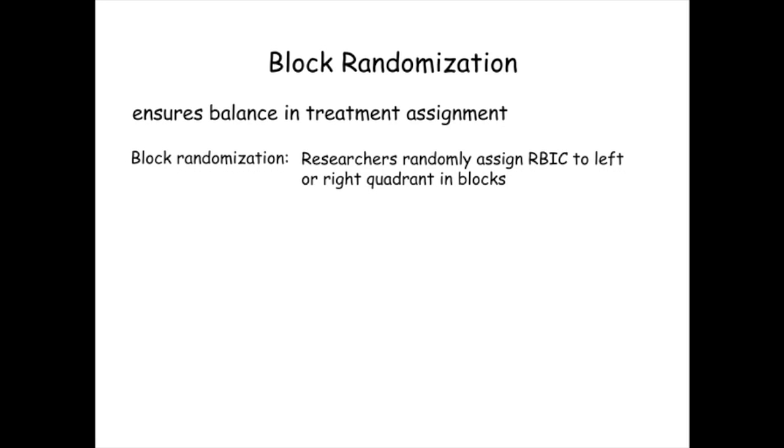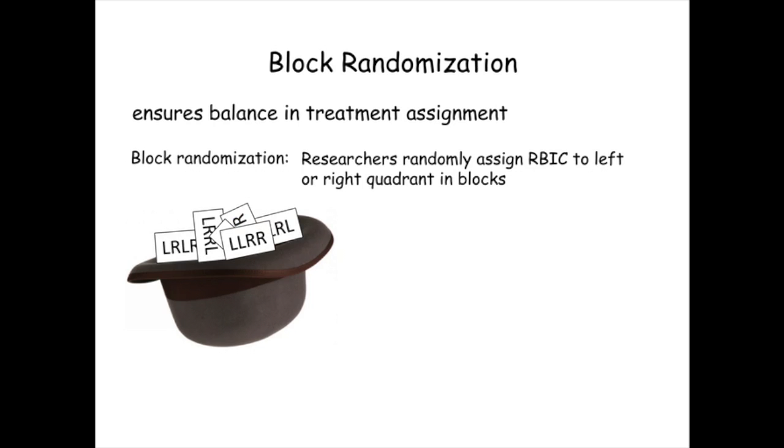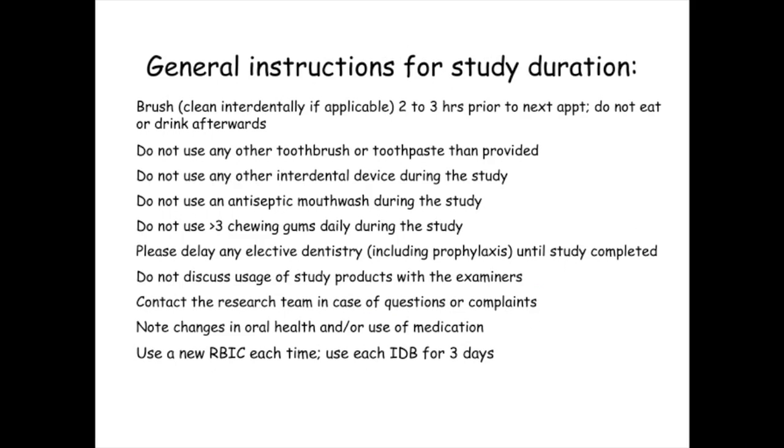With block randomization, the researchers assigned quadrants in blocks. Using a block size of 4, there are 6 possible ways to get 4 letters that retain the balance in the number of left and rights. These now become the pieces of paper that are drawn from the hat. Block randomization assures that a balance is attained throughout the assignment process.